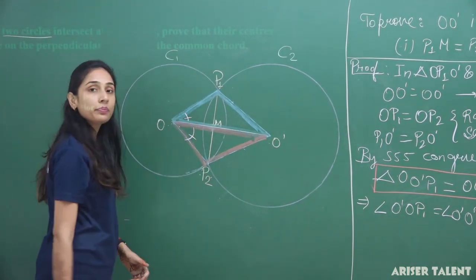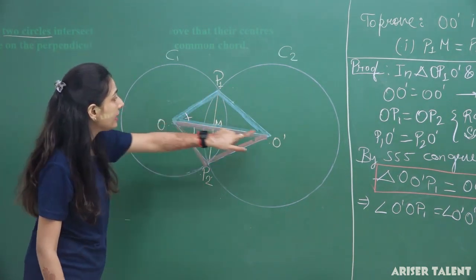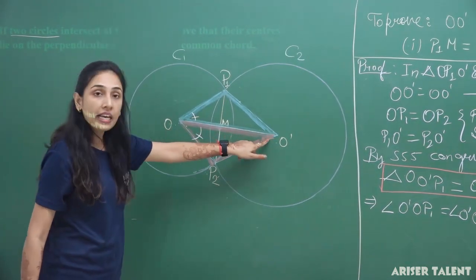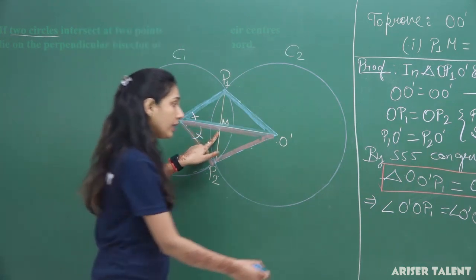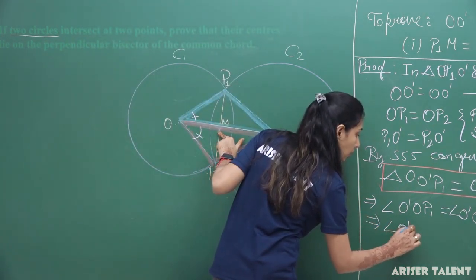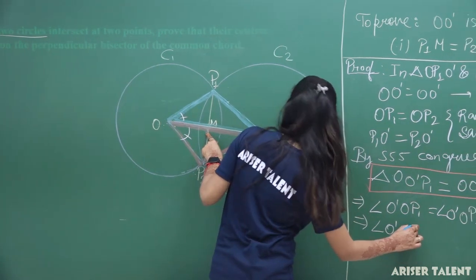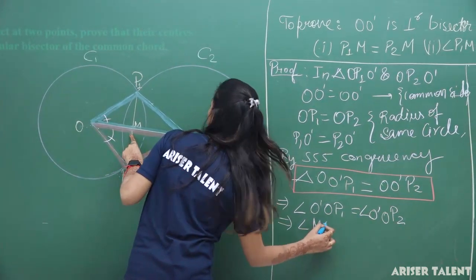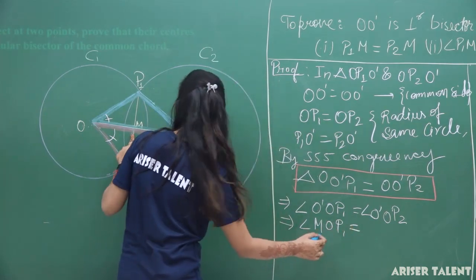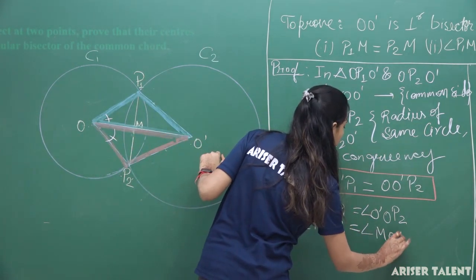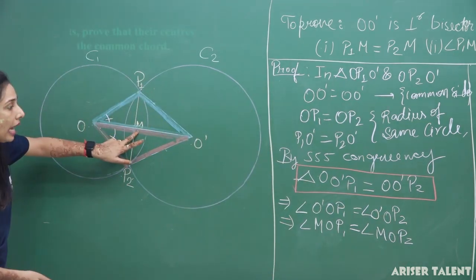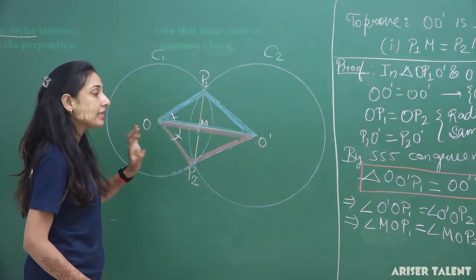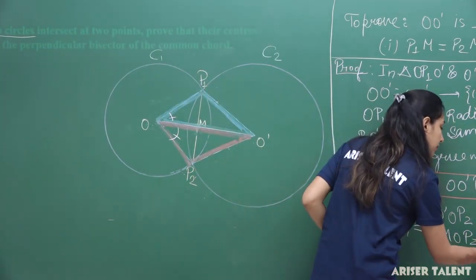These two angles will be equal. If these two angles are equal, can I write angle P1OO' equals angle P1OM? So, that will be triangle MOP1 equals triangle MOP2. Look here, it is the same, triangle MOP1 and MOP2. These two triangles are the same, and this is my conclusion number 1.